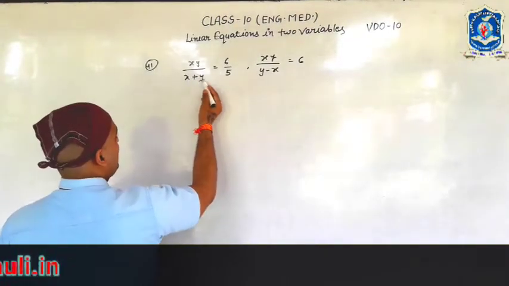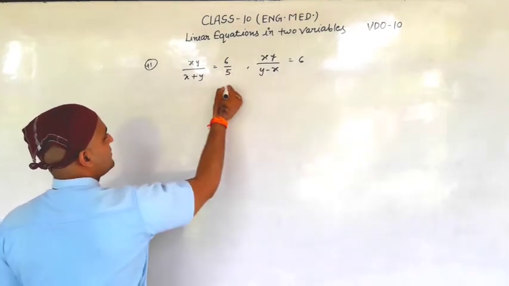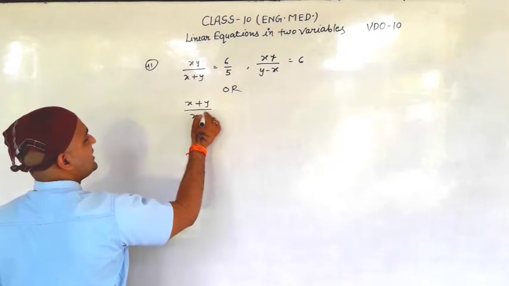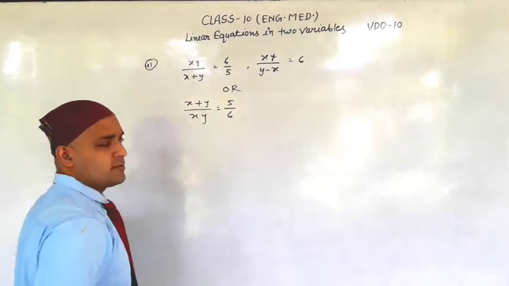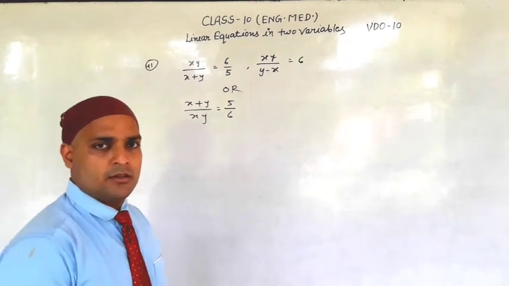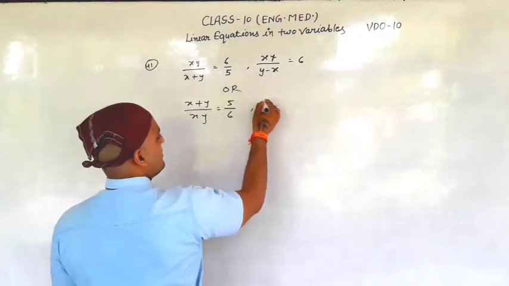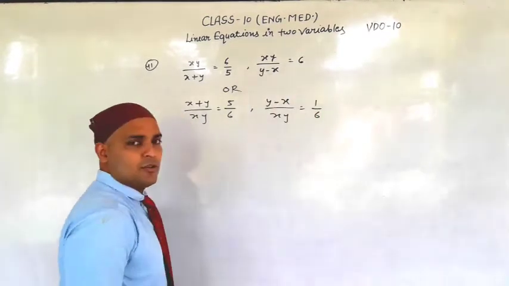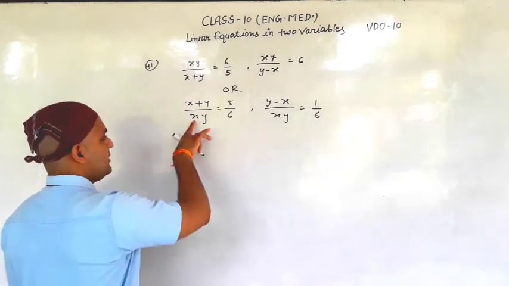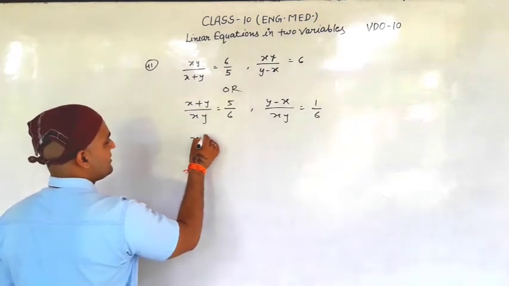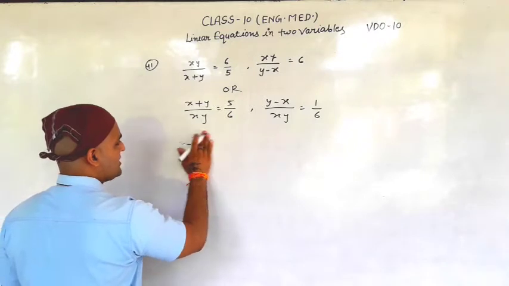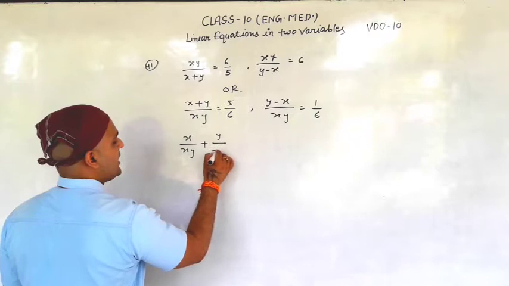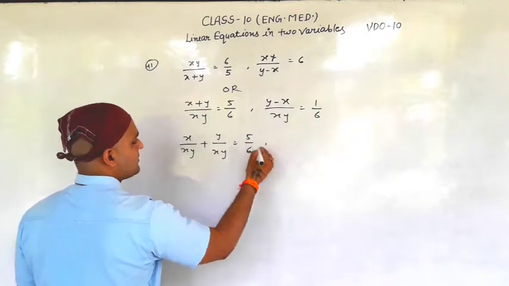Yes, there is a trick. We know that xy upon x plus y is equal to 6 by 5, or we can write this as x plus y upon xy is equal to 5 by 6. Reciprocal. And that is y minus x upon xy is equal to 1 by 6. You got it? Okay. Then this will be written as x upon xy plus y upon xy is equal to 5 by 6.